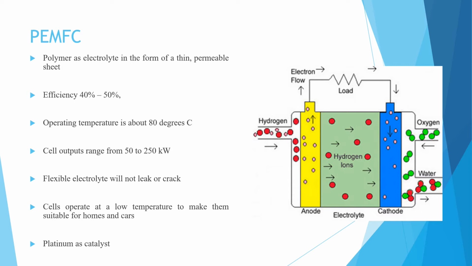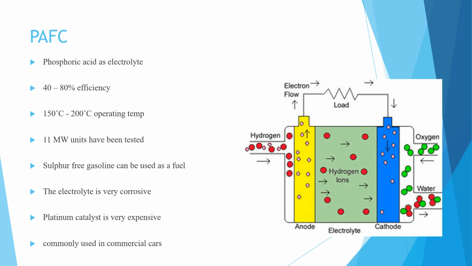That's why it raises the cost. So students, PEMFC, or proton exchange membrane fuel cell, has a polymer electrolyte, platinum as a catalyst, efficiency 40 to 50%, operating temperature 80 degrees Celsius, and cell output 50 to 250 kilowatt.